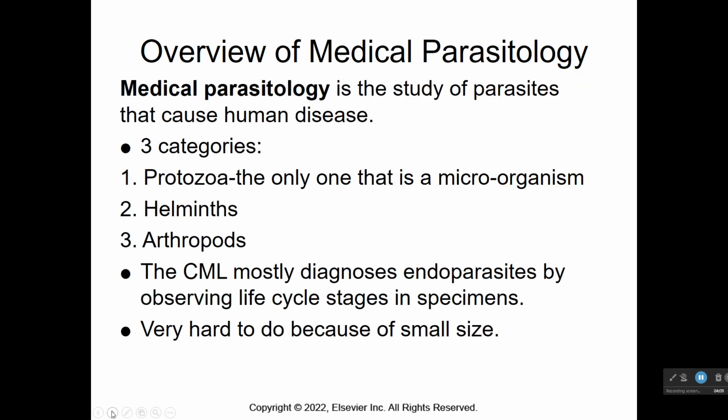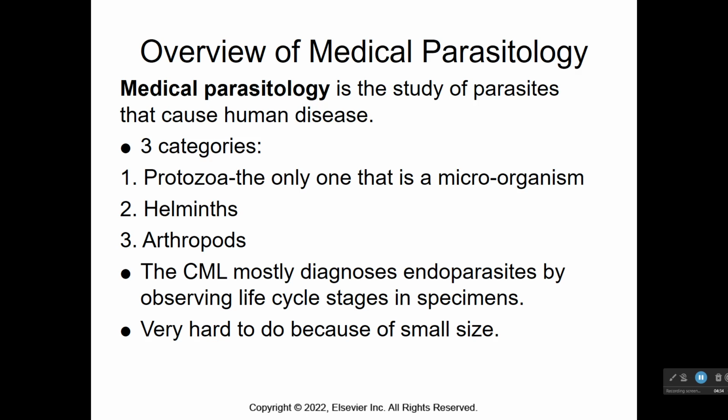In medical parasitology, we're going to study three categories. The protozoa, that's what we're studying in this unit. The next unit will be our helminths. So our protozoa is the only one that's really considered a true microorganism. We can only see it microscopically. Our helminths and arthropods we can see macroscopically.